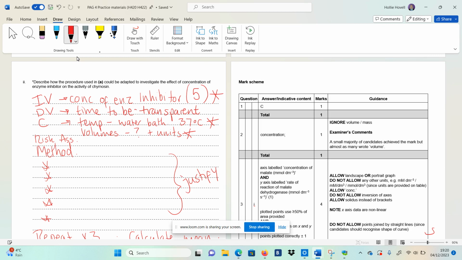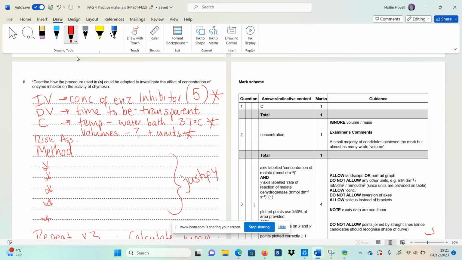Make sure you use really small equipment because you're measuring small amounts. Distilled water, not just water, be specific. If you're going to do dilutions, you can explain how you're going to do them. If you're mentioning volumes, say numbers, so just copy similar numbers from their one. Make sure you use water baths.